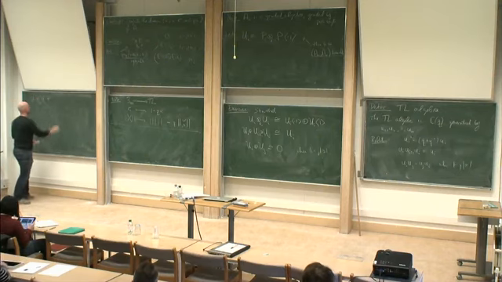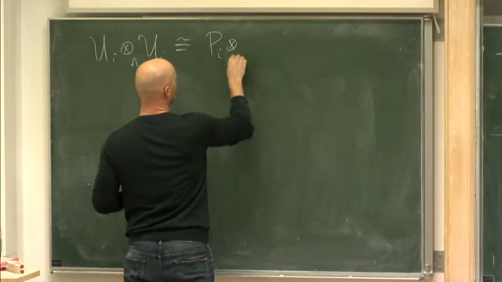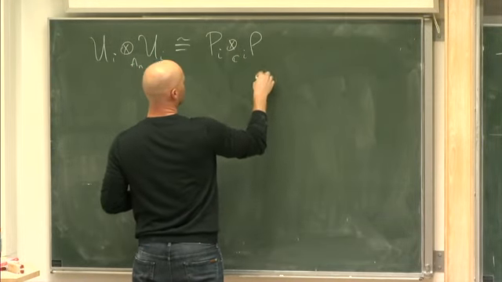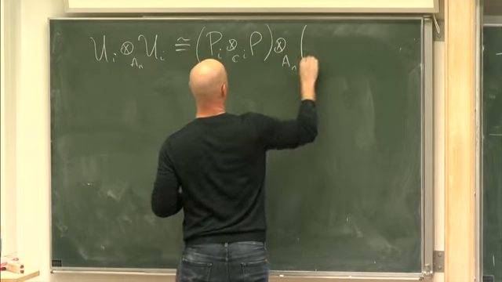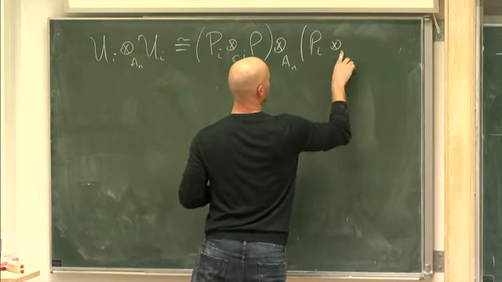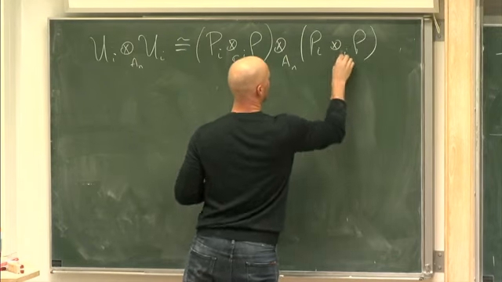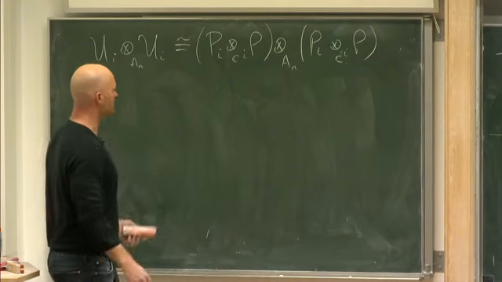Well, what is that? Well, U_i itself was a tensor product of a left module and a right module.